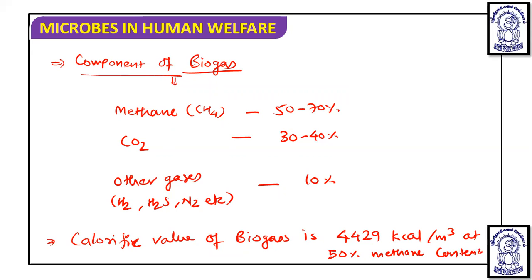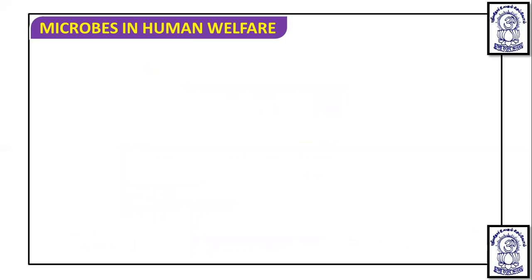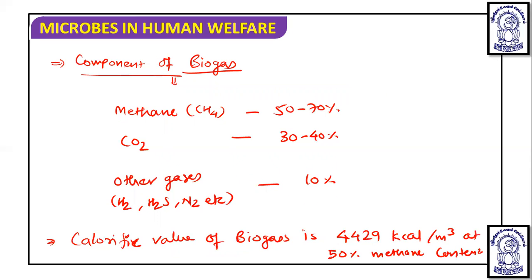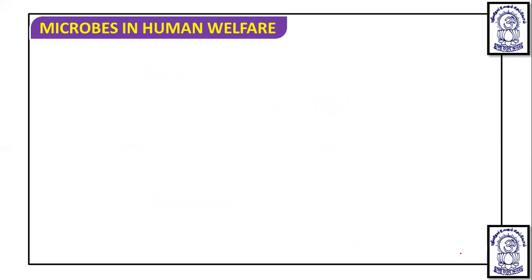Okay, this much is the calorific value, that is the energy that is obtained from this biogas. Okay, so now the gases are produced, this is the calorific value. So now the question is, in concrete, how this biological activity takes place and how this biogas production occurs.